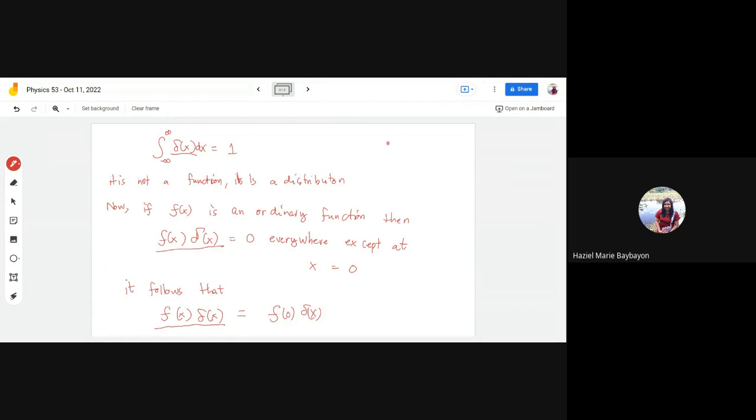Say, if you have f of x is equal to x squared plus 2, and you multiply that with the Dirac delta function, the answer is just equal to f of 0 multiplied by the Dirac delta function. To find f of 0, you just have to replace or substitute all of the x's here with 0.